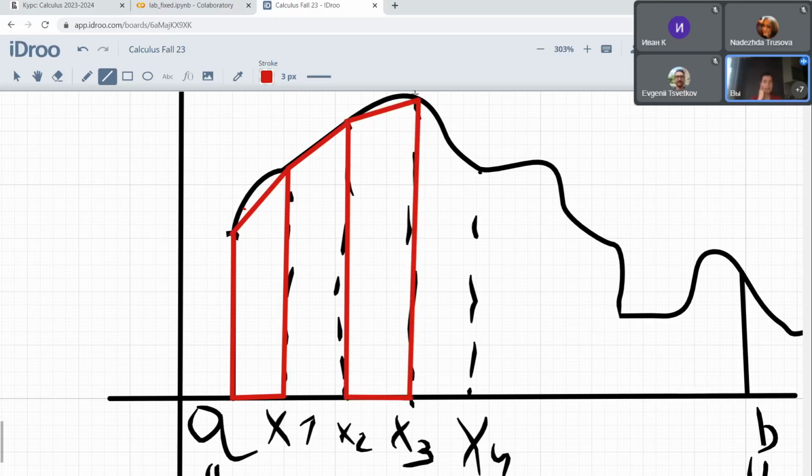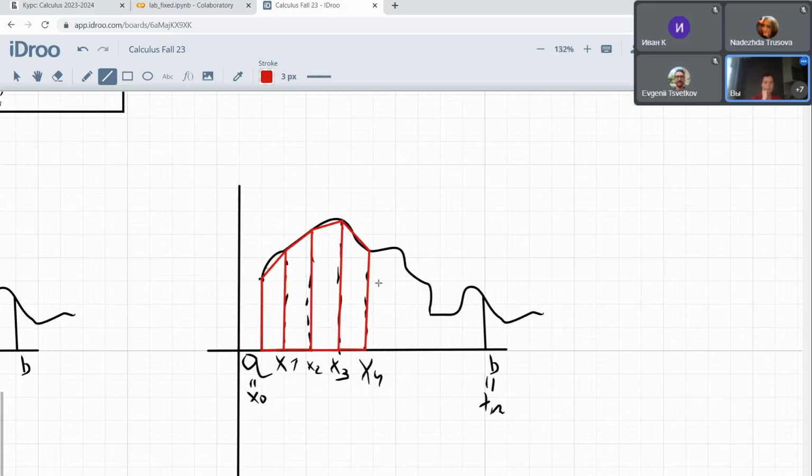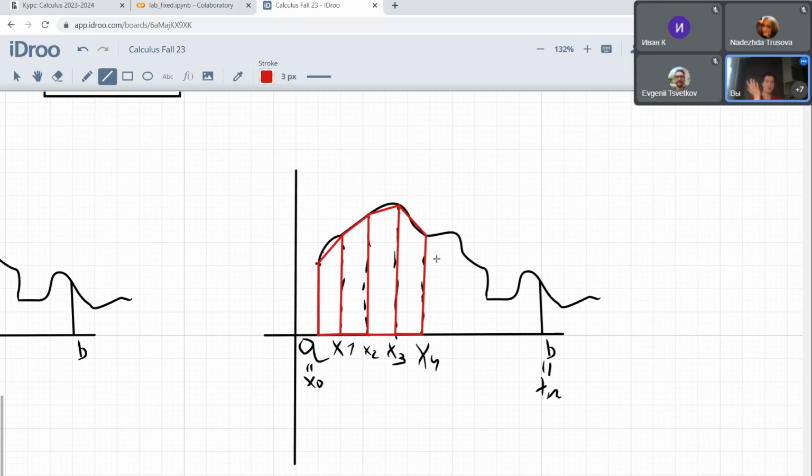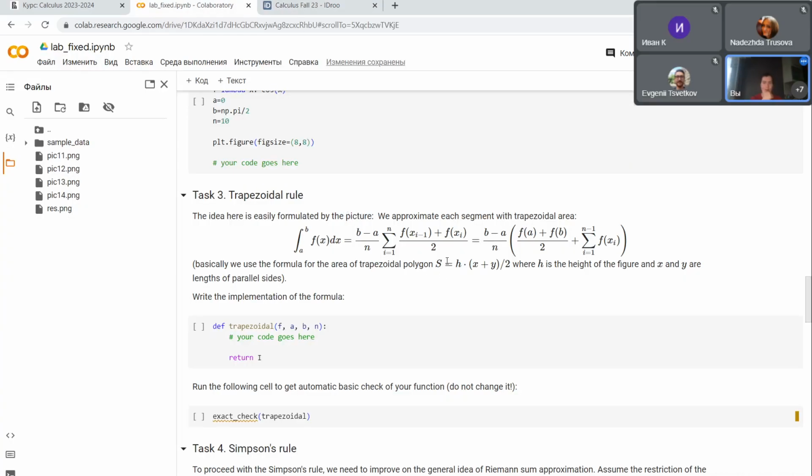As you can see, this logic can approximate the real value of the area under the curve. Very good. So I don't know what to add. We suggest you to use this rule. That's easy.